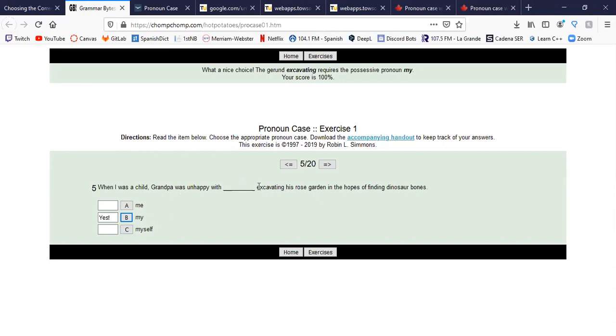So because excavating belongs to me, I have to use my to show possession. Because again, this is a possessive gerund, my excavating.